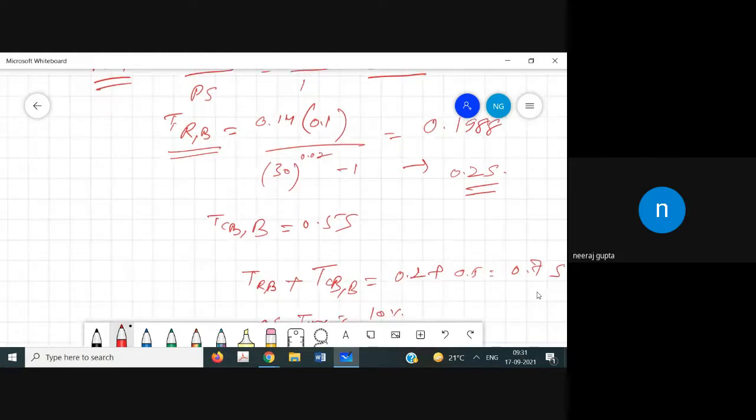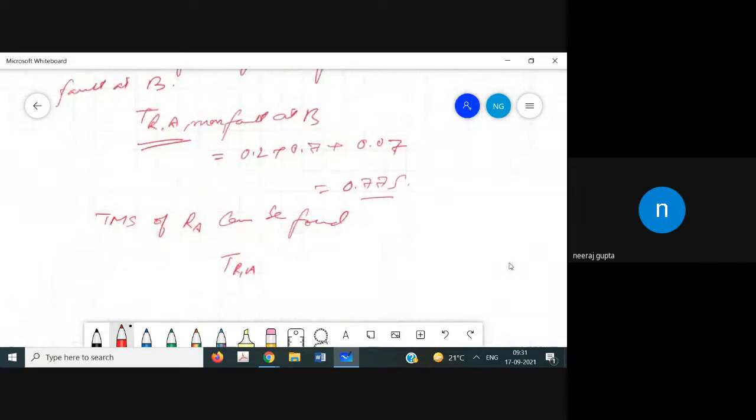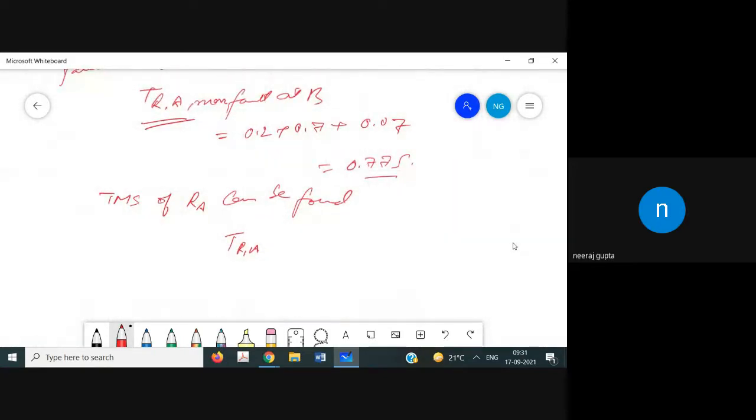So instead of TRA, we can write 0.77 equals 0.14 TMS divided by PSM to the power 0.02 minus 1.